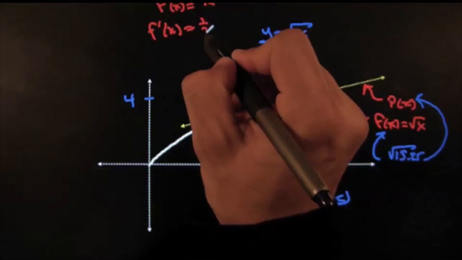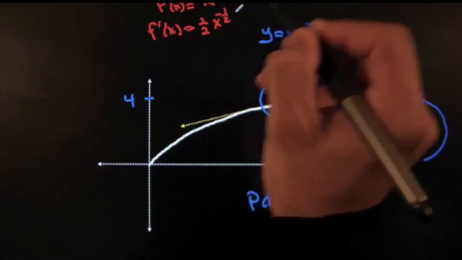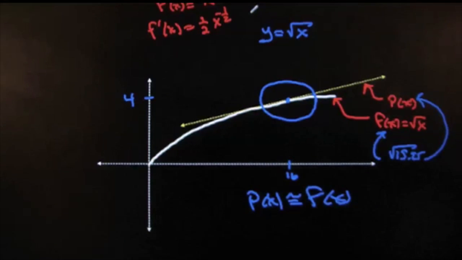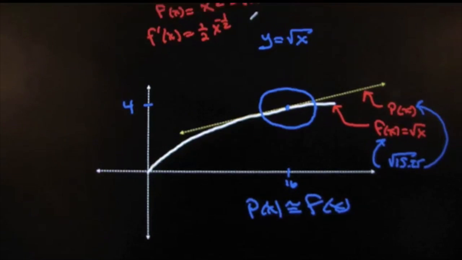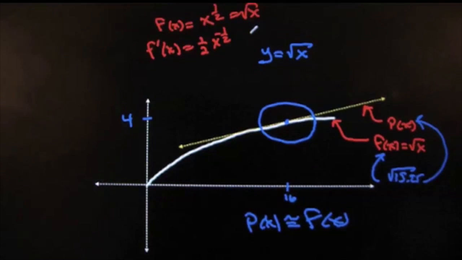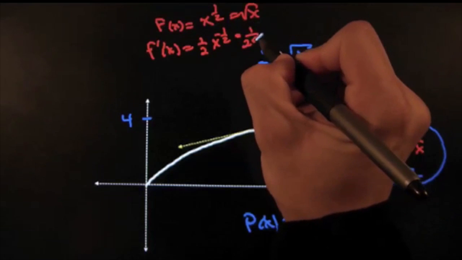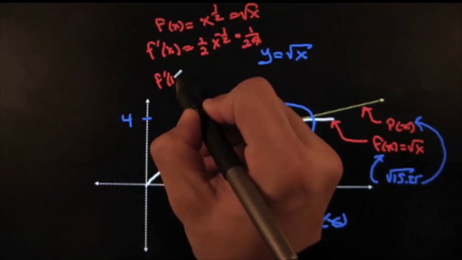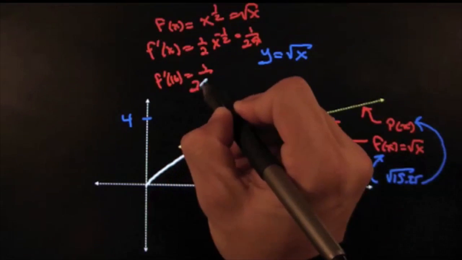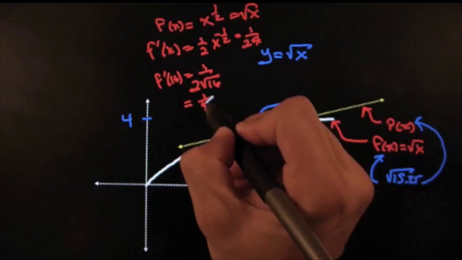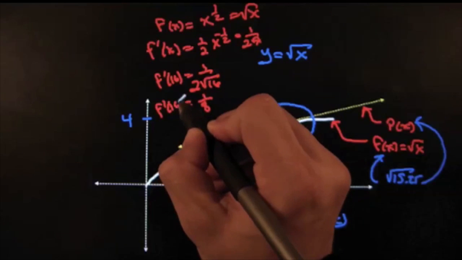You bring that down, and then you subtract 1 from the exponent. That becomes 1 over 2 times the square root of x. So f prime at 16 would be equal to 1 over 2 times the square root of 16, which is 1 over 2 times 4. That's 1 over 8. f prime of 16 is 1 over 8.